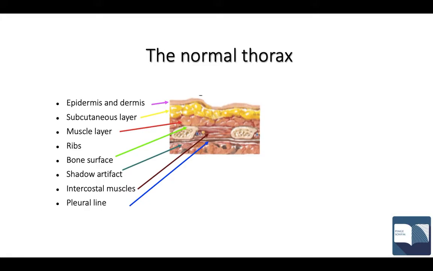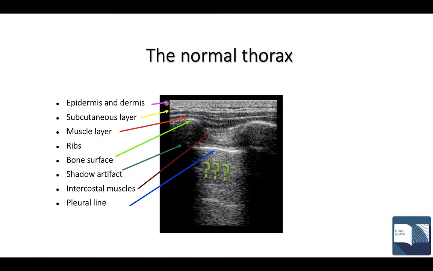The normal thorax has multiple layers that are easily identified by ultrasound. But when we arrive at pleural line, that is the surface of the lung, then we have something unknown, because ultrasound cannot pass through the surface of a normal lung.